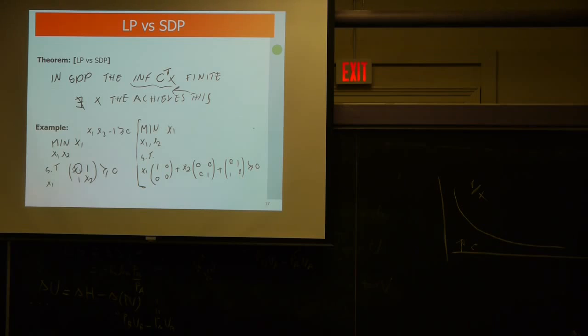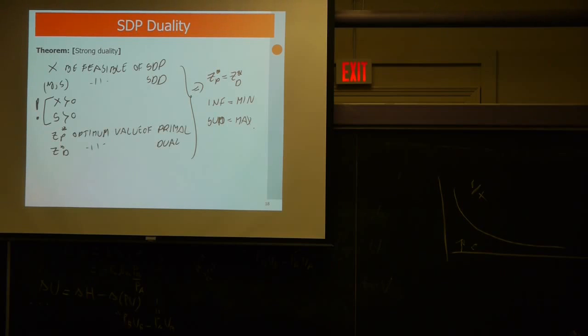Now we will see an example where the duality gap is finite. The strong duality theorem says that if these conditions hold, the duality gap is 0. But we can create some weird examples where the duality gap between the primal and dual problem is finite.